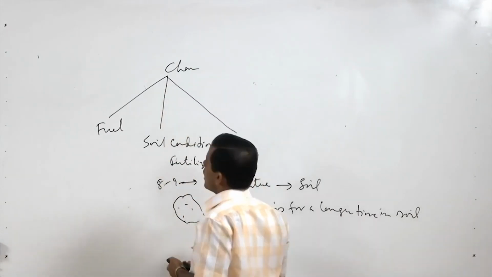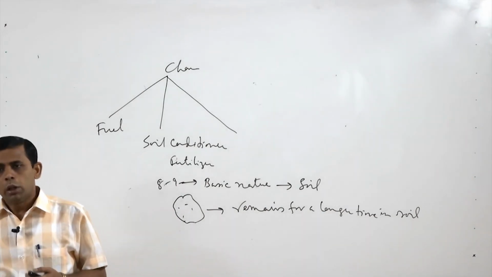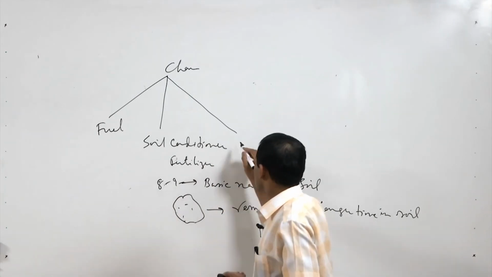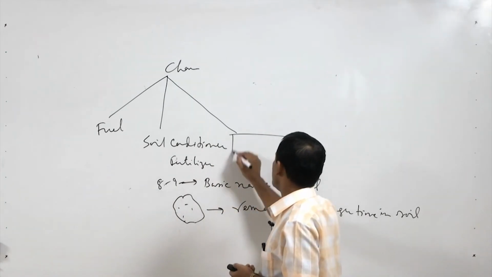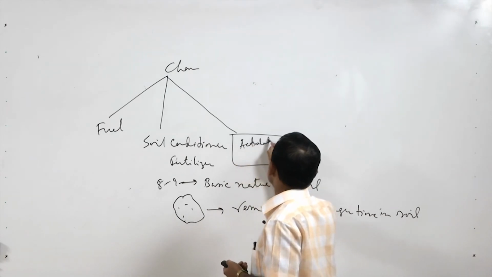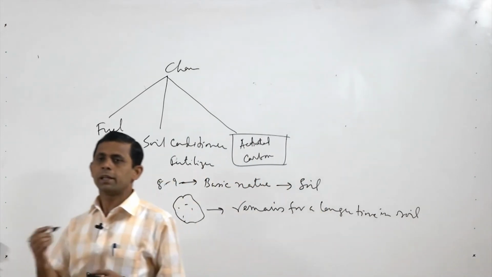The third application of char may be activated carbon production. Although this char has some porous structure, further porosity can be increased by activation. So, activated carbon can be produced by further activation of it.